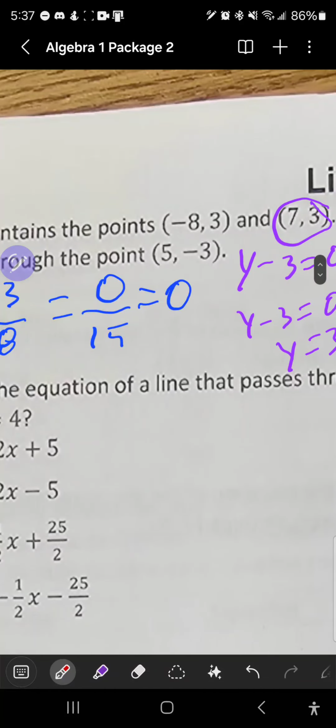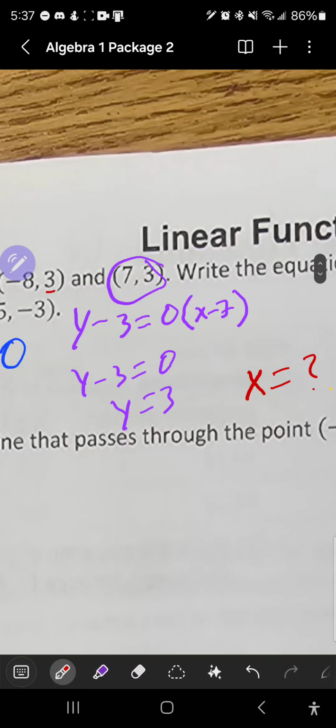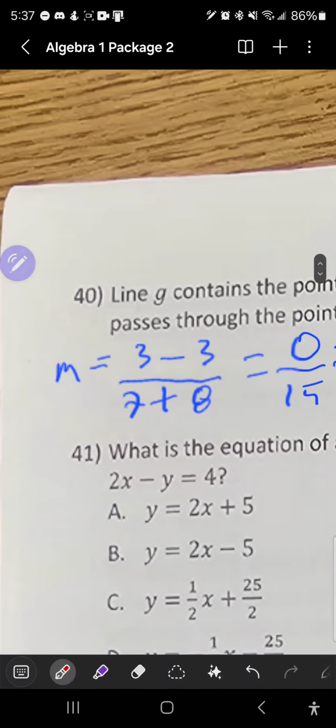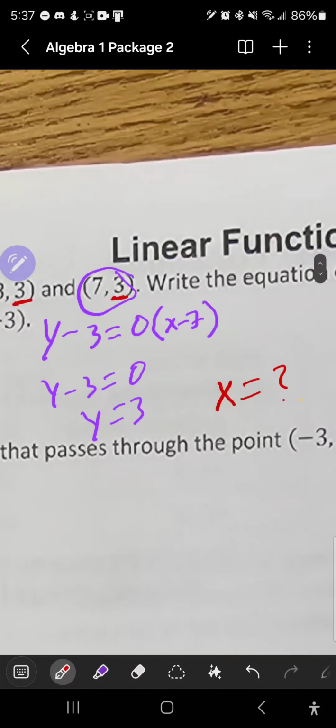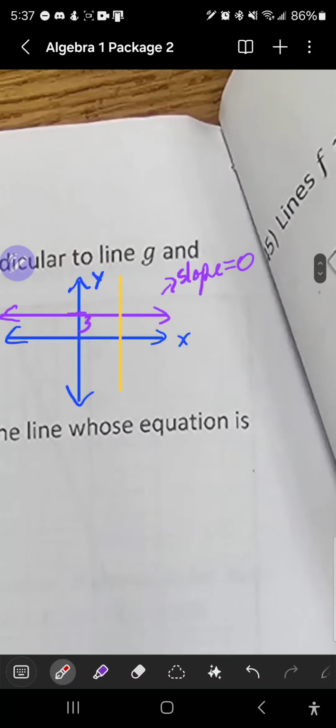I like to think that this is just the value of y, and the value of y never changes. The value of y is always going to be 3 on this infinite line, the purple one.